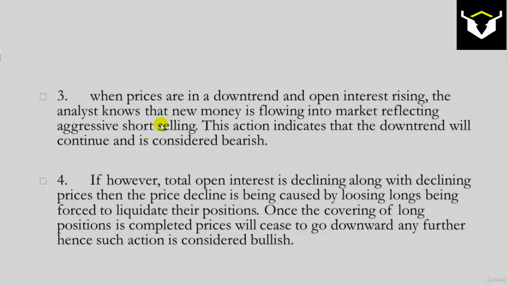This downside move was fueled by people who want to close their position and get out of the market because they were wrong. So if a downside move is supported by decreasing open interest, this suggests that this downside move is not reliable and it might not continue to go downward.